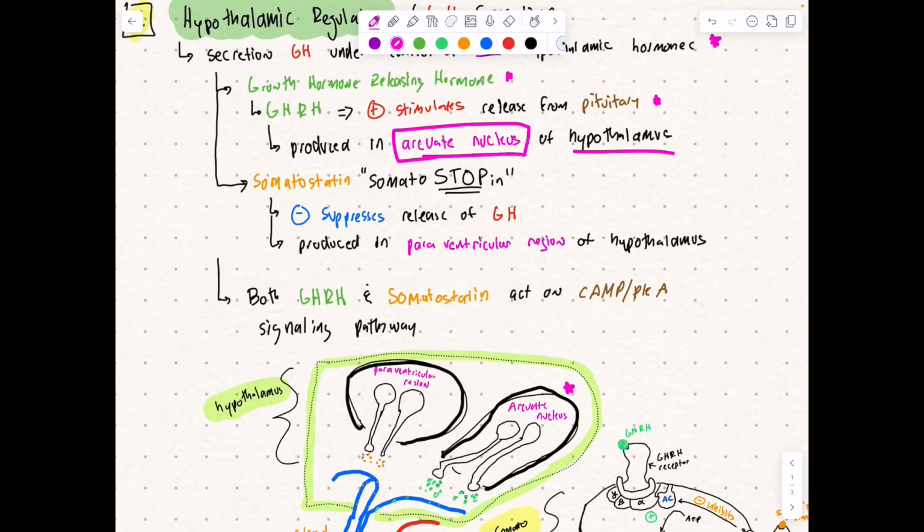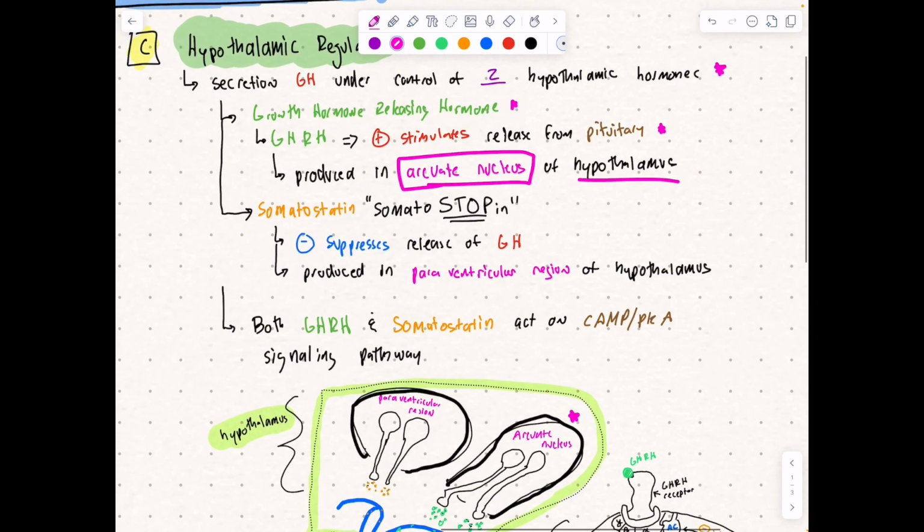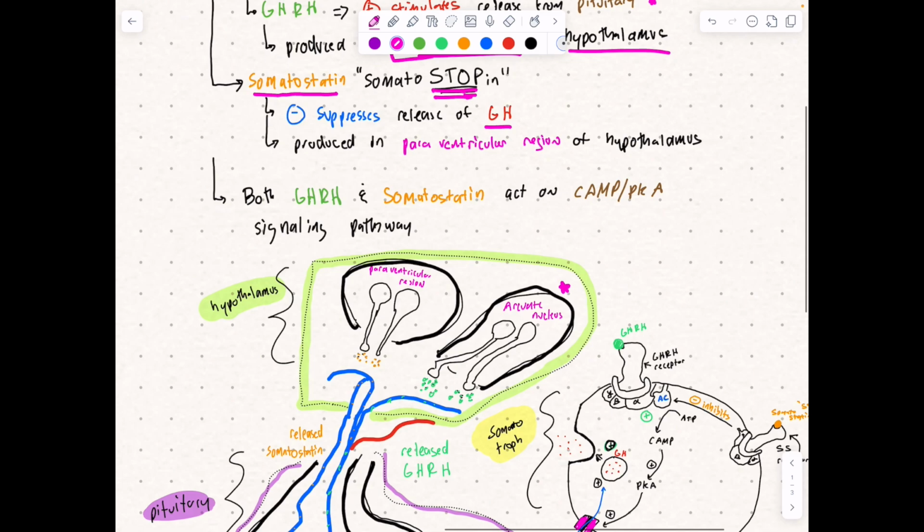Then we have our second hormone controlling the release of growth hormone from the anterior pituitary, and that's somatostatin. I've heard people call it somatostopin, and that's a good way to remember what it does: somatostatin is like a master inhibitor, and it suppresses the release of growth hormone. It's produced in a different region of the hypothalamus, not the arcuate nucleus.